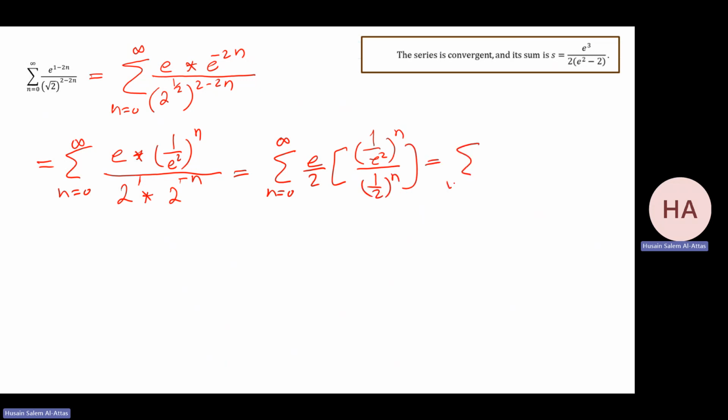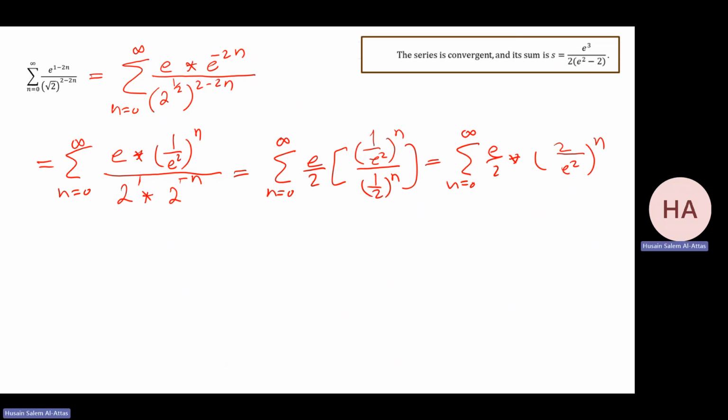So that will be summation n equals 0 to infinity of e over 2 times 2 over e squared, all to the power n. Yeah, 2 over e squared, sorry. 2 over e squared all to the power n.